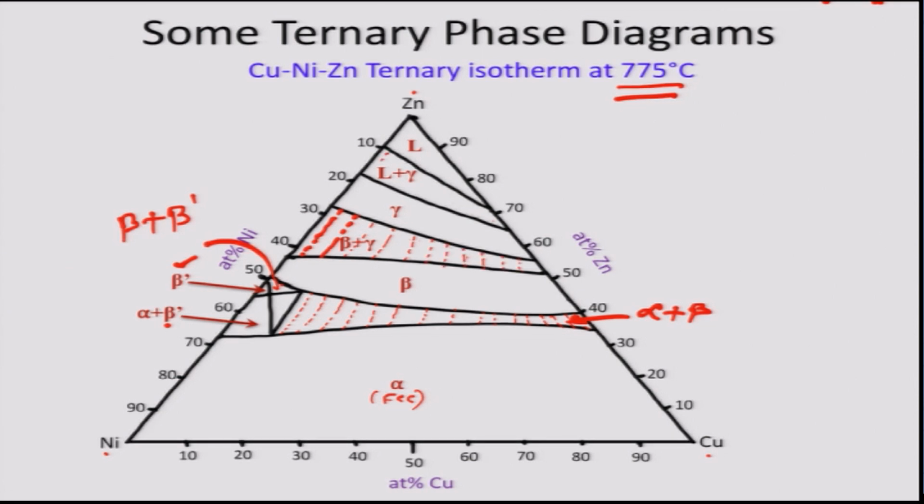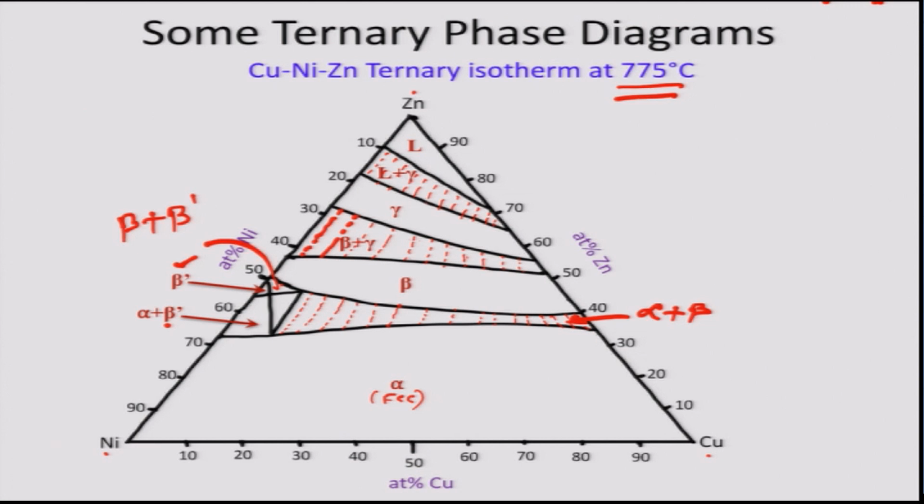Liquid plus gamma. The tie lines basically join the equilibrium compositions of the two phases in equilibrium.